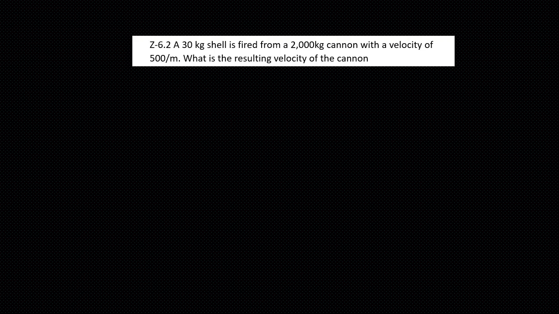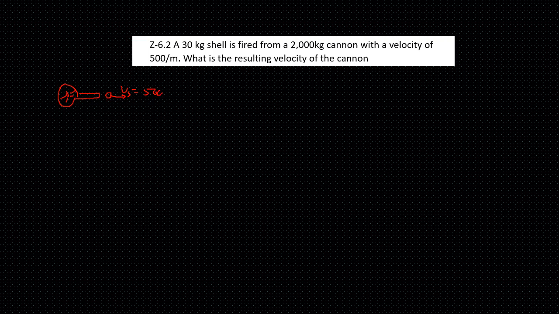So let's think about a situation. Let me draw a cannon like this, horizontally. There's a shell inside, and it comes out of this. Boom. That's 500 meters per second coming out.